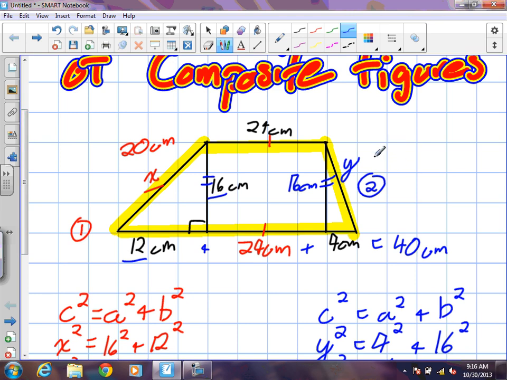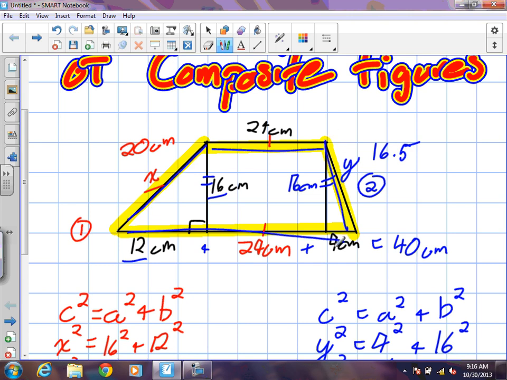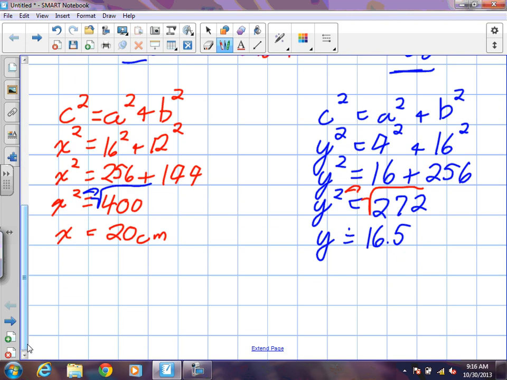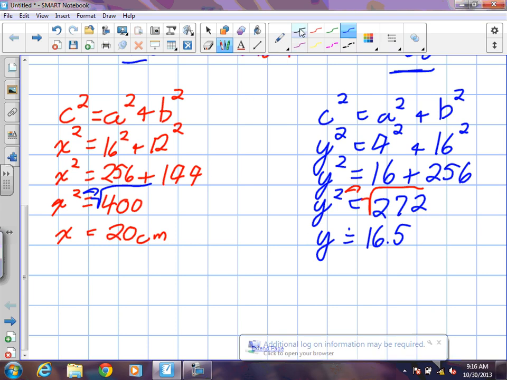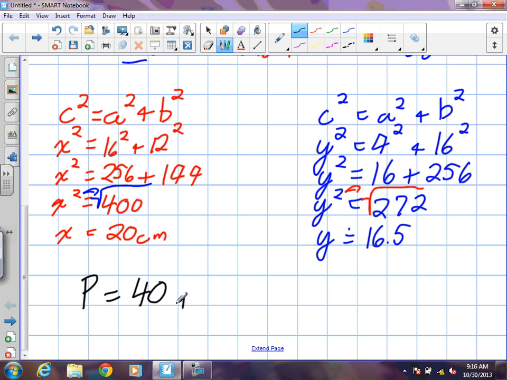So now, let's talk about the information we have. The perimeter is what we highlighted in yellow. So that's 20 plus 24 plus 16.5 plus 40. Let's write that out. The perimeter is equal to our base, which was 40. Our first hypotenuse of our triangle, which was 20.